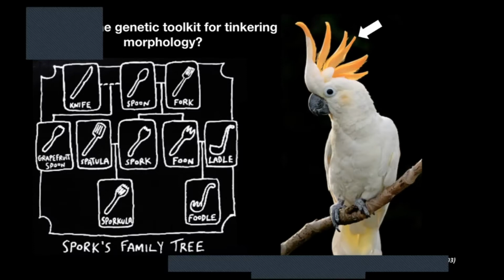Those feathers are morphologically close to the feathers of the wing, and they're not typical head feathers, right? So maybe by tinkering their developmental program, with modifications of the genome in particular genes that are good at giving instructions to development, you can maybe position wing feathers on the head of this bird.